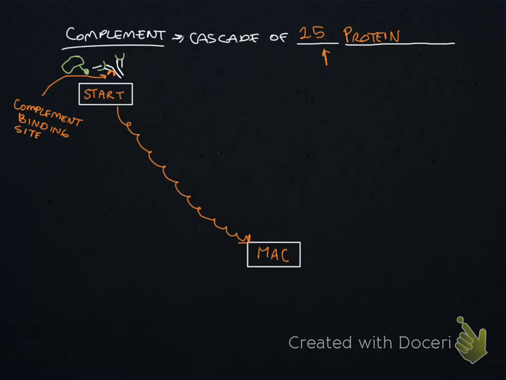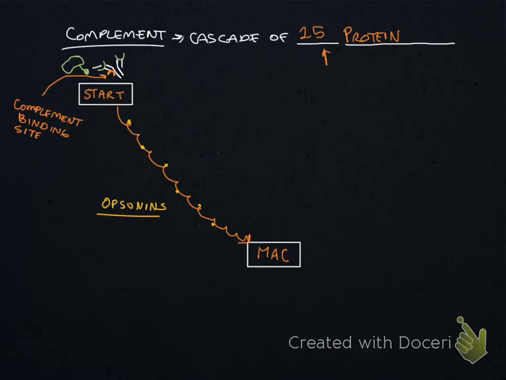And what I mean by that is one protein's formed, and that causes the next one to be formed, and then the next one, and the next one, and the next one. Okay, so let's draw some proteins on here. And these are actually called opsonins. Opsonins.